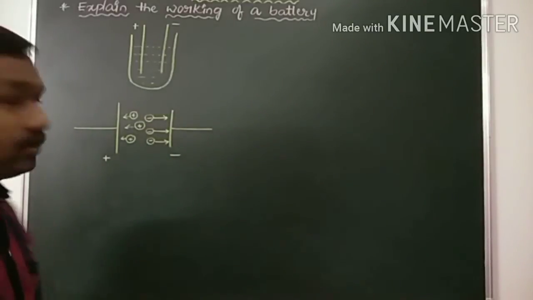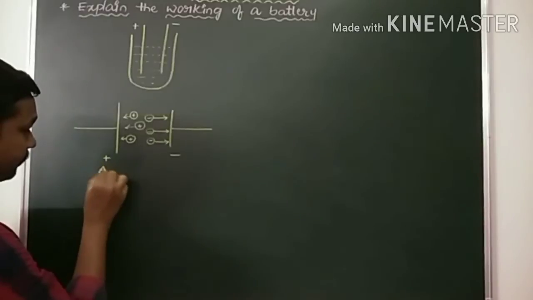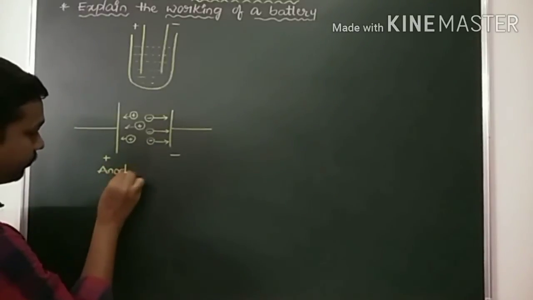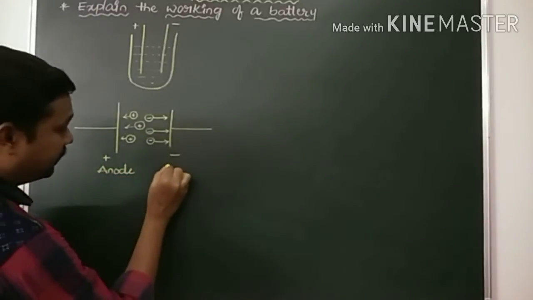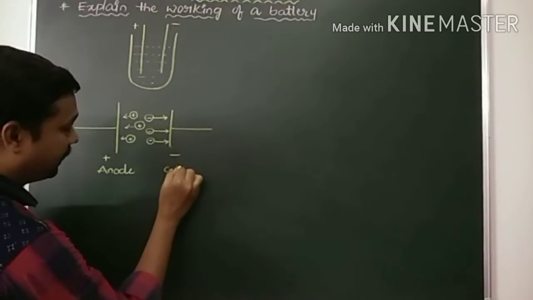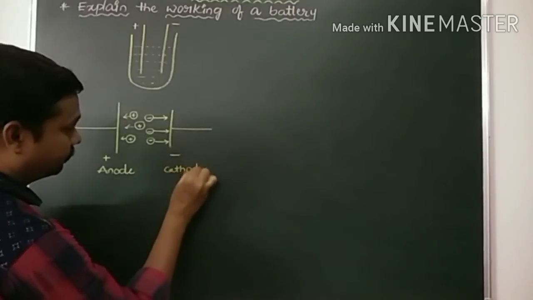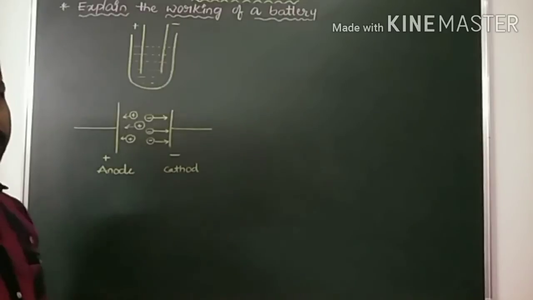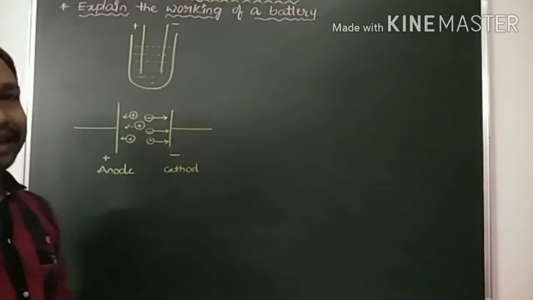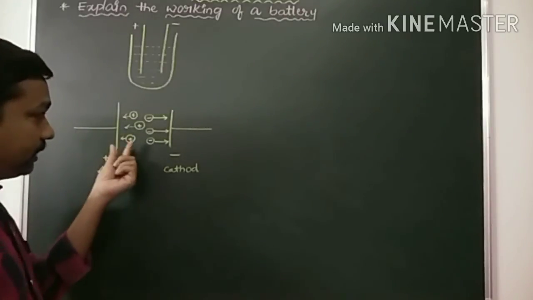The positive terminal is called the anode, the negative terminal is called the cathode. Here what's happening?